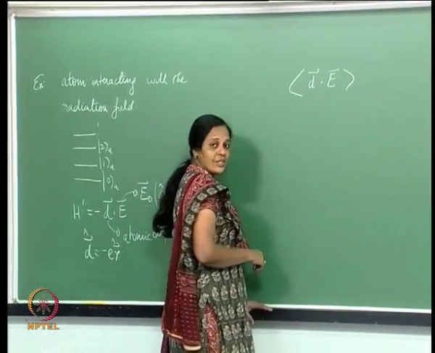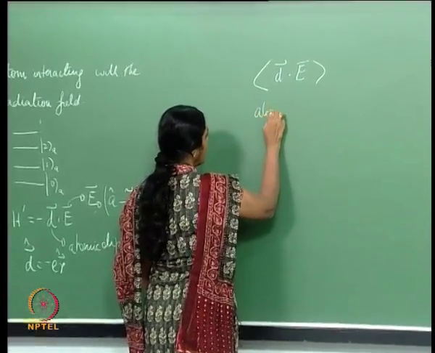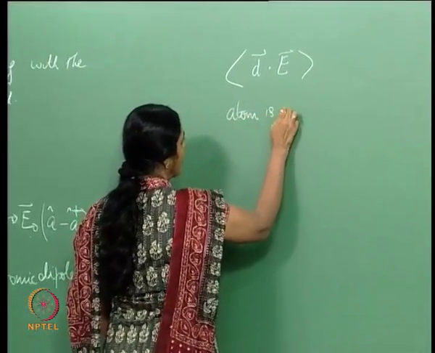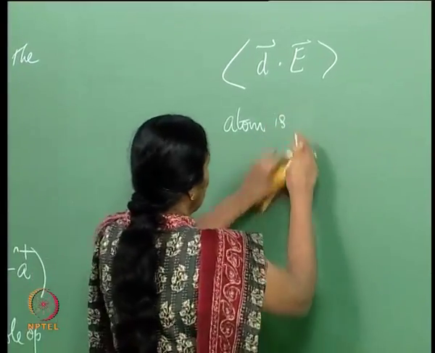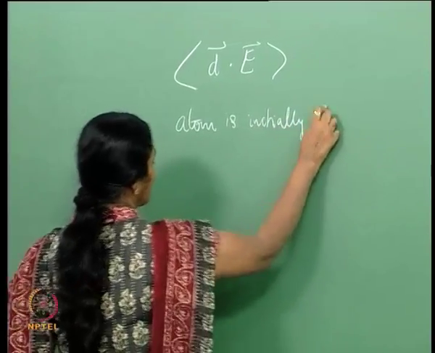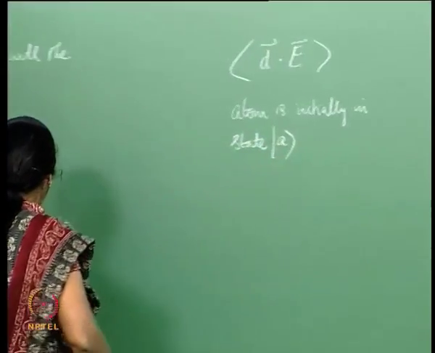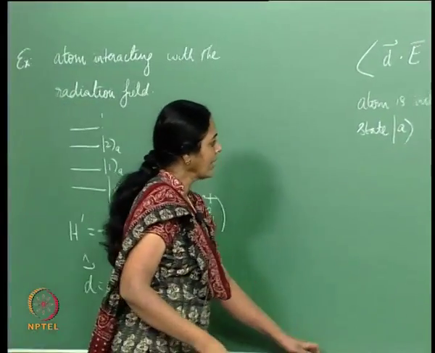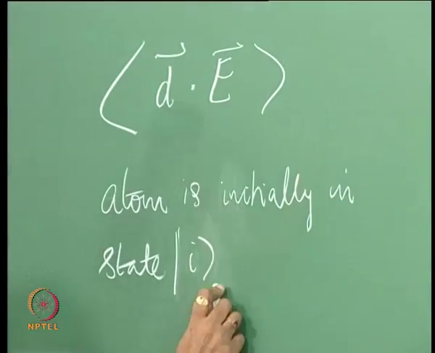What are the initial states? Let us imagine that the atom is initially in some state I, that is the initial state of the atom, I_A.